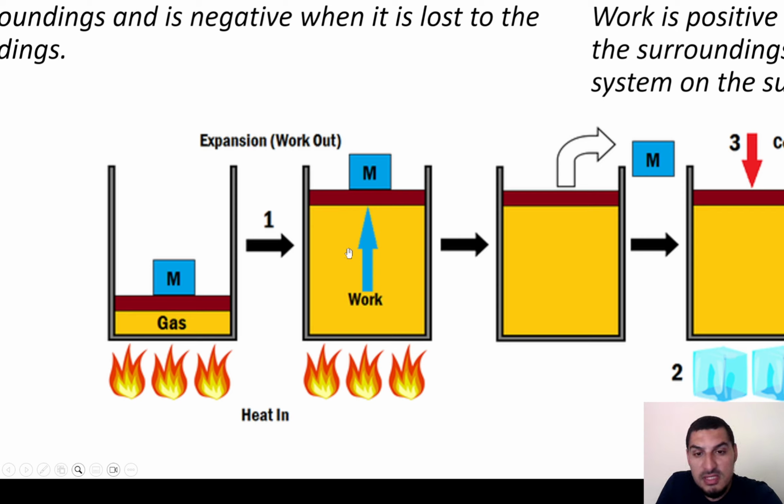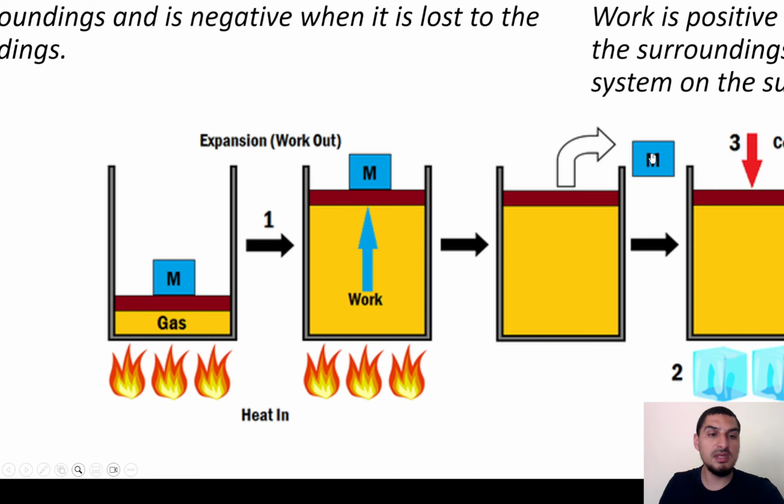At the same time, the heat is leading to the expansion of the fluid, and this expansion is pushing the piston up. As the piston goes up, this is work that is done by the system on the surroundings. So this is positive heat, and this is negative work because the system is doing work on the surroundings.